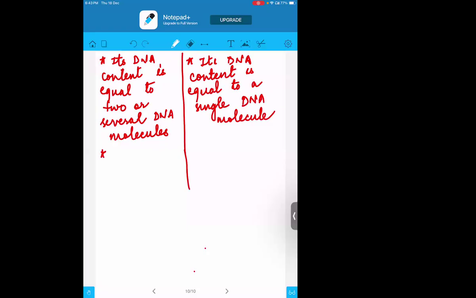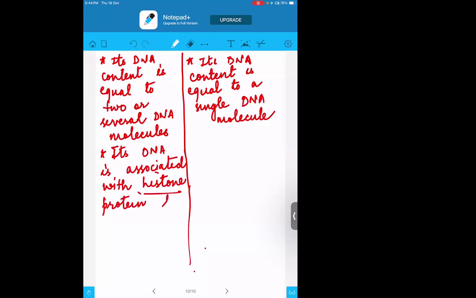Then the last point: its DNA is associated with histone protein. So they have a protein in them which is called histone protein.